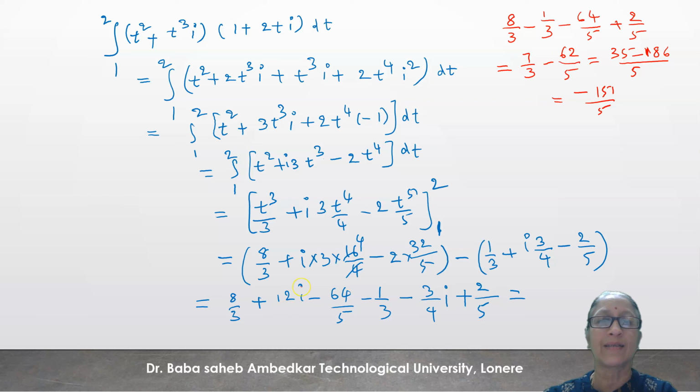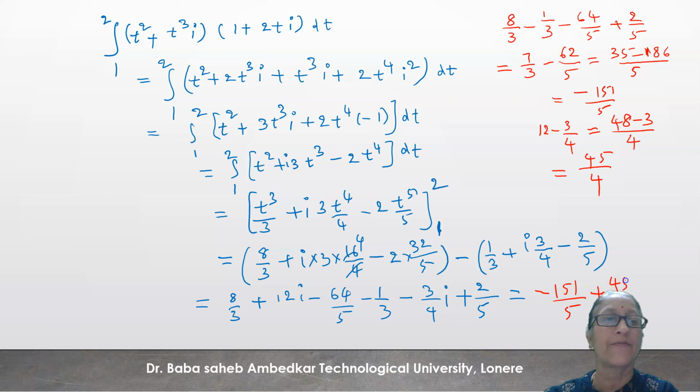Now consider the i terms: 12 minus 3 by 4, that is 48 minus 3 by 4, that is 45 by 4. So the final answer is minus 151 upon 15 plus 45 by 4 i. This is the value of this integral.